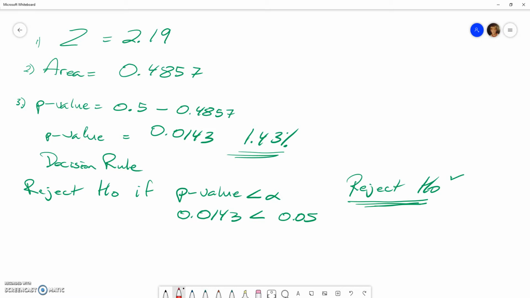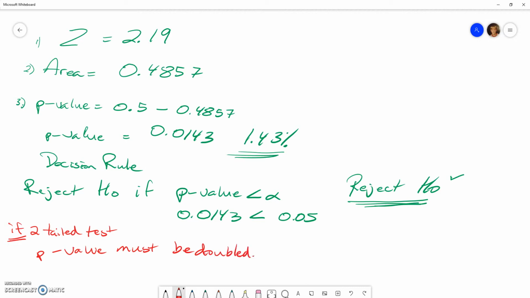Let's look at this question again. If it is a two-tailed test, the p-value we calculate must be doubled.